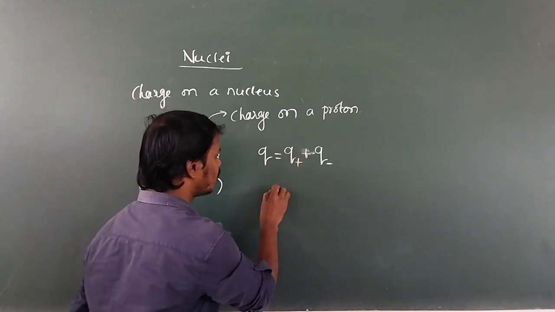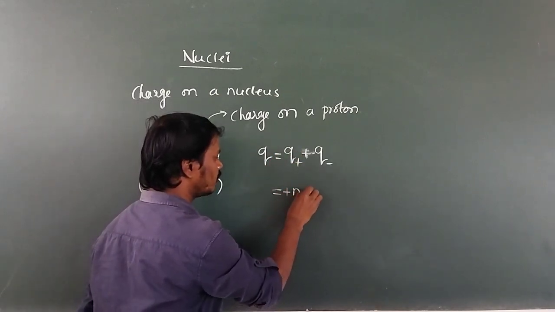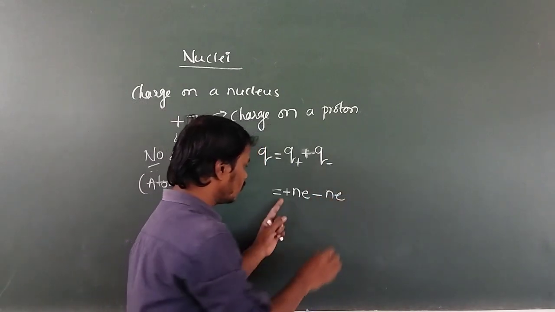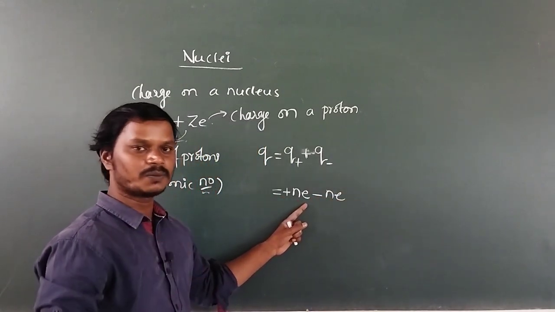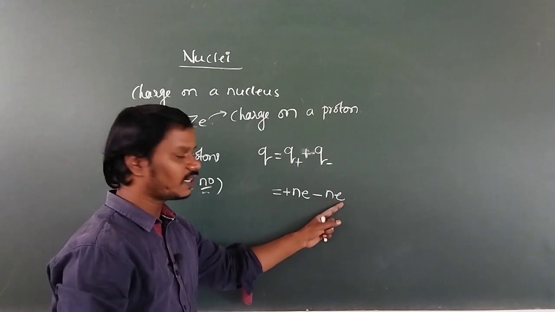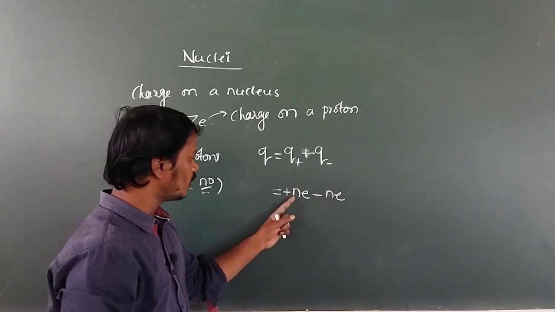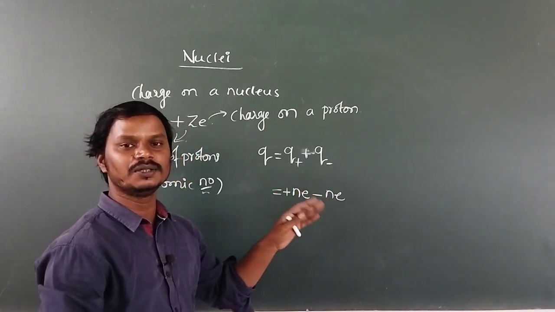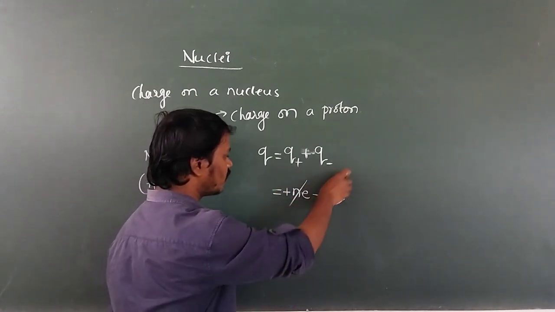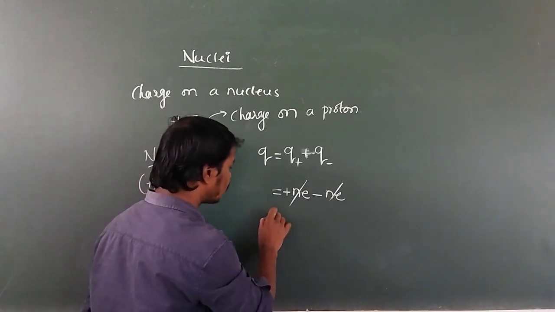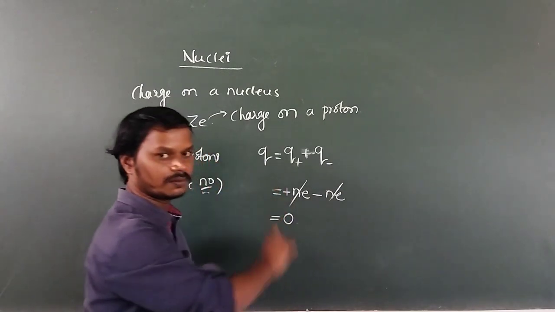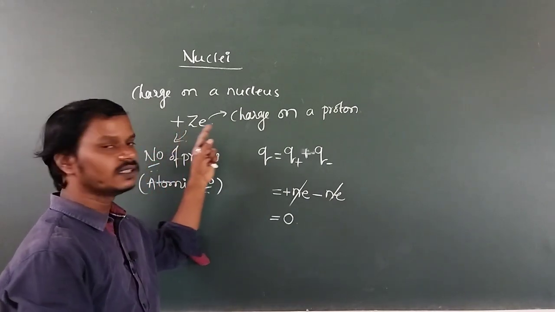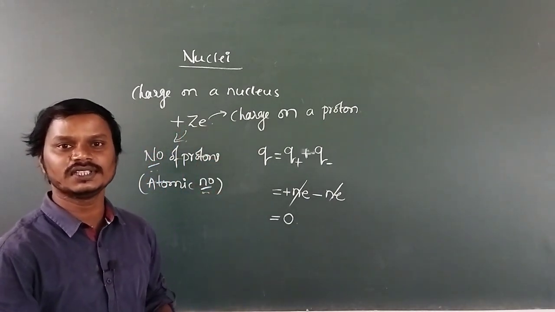So Q plus can be written as plus Ne, and Q minus can be written as minus Ne. Here plus e indicates the charge on a proton, and minus e indicates the charge on an electron. The number of protons and electrons are equal in a neutral atom, hence these two get cancelled. The total charge on an atom is 0, but the total charge on a nucleus can be determined by plus Ze, and it is always positively charged.